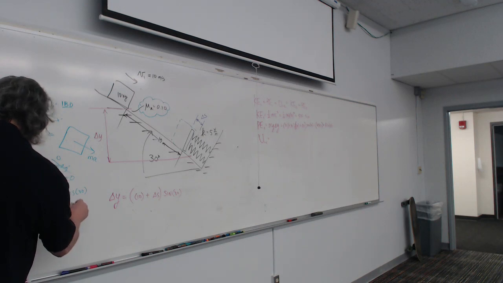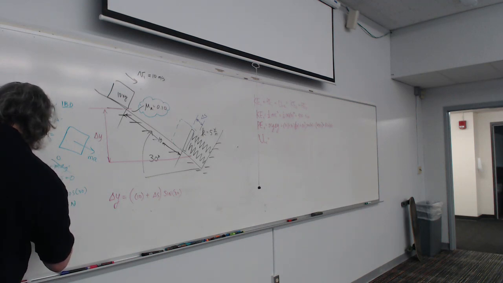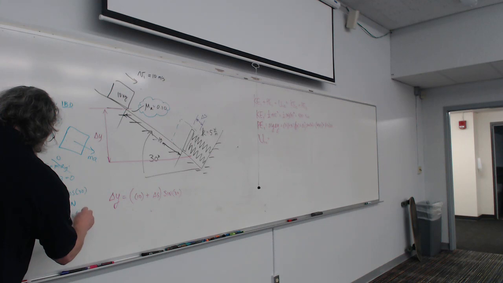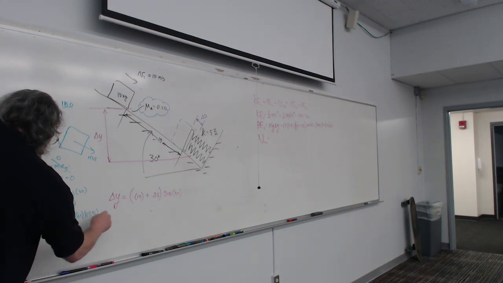84.96 maybe. And then our friction is going to be mu Fn, or 0.1 times that, or 8.496 newtons.